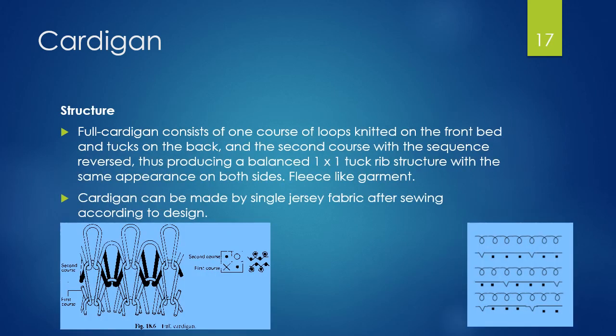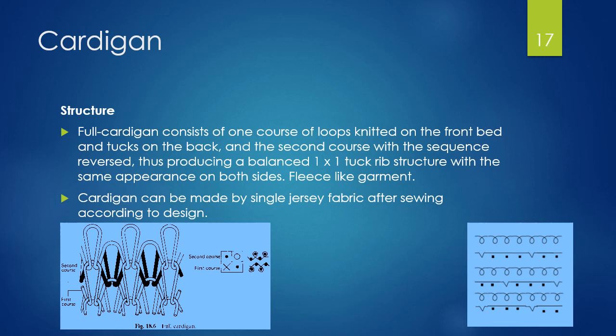Here is the structure which is used during the manufacturing of cardigans. A full cardigan consists of one course of loops knitted on the front bed and tuck on the back, and in the second course the sequence is reversed, thus producing a balanced 1x1 tuck rib structure with the same appearance on both sides.